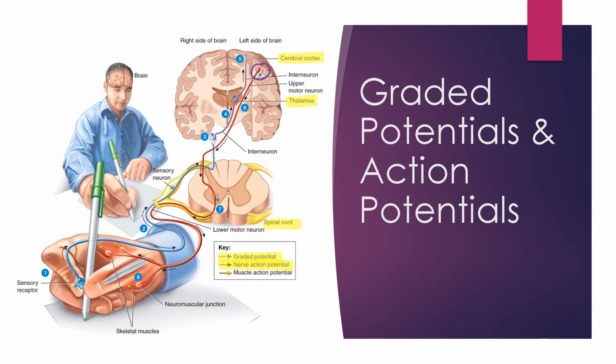So this is an upper motor neuron. An upper motor neuron is a type of motor neuron that synapses with a lower motor neuron further down in the central nervous system in order to contact a skeletal muscle. So upper motor neurons have their cell bodies in the central nervous system.